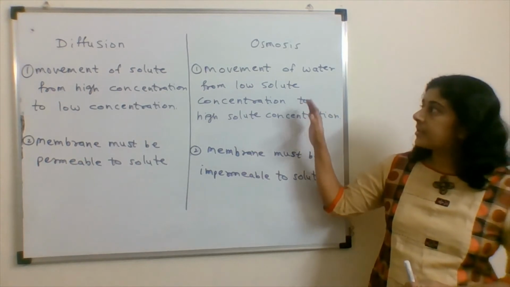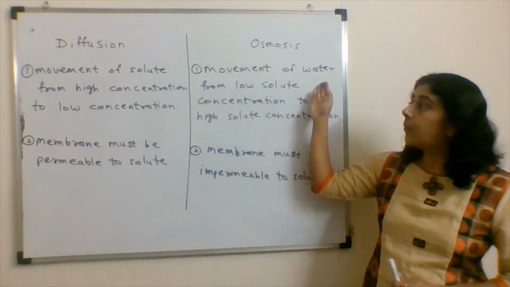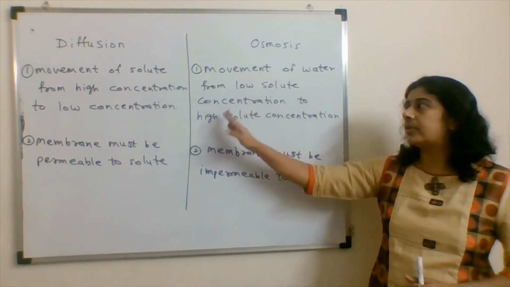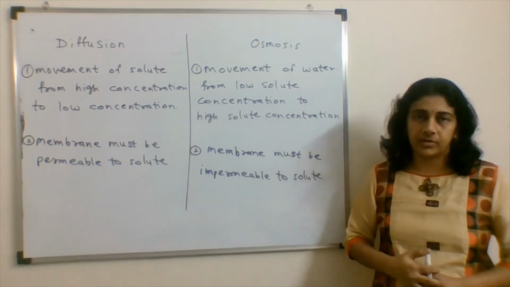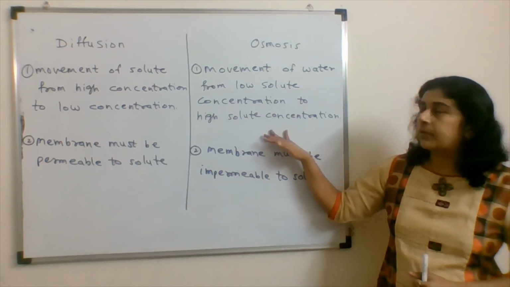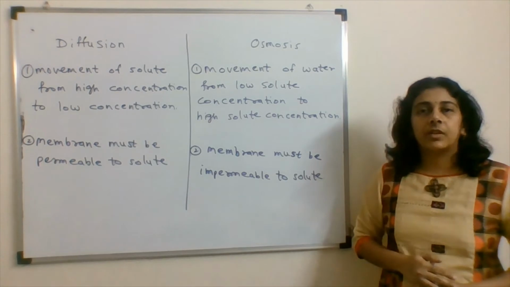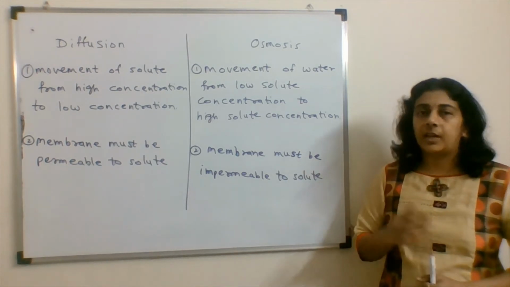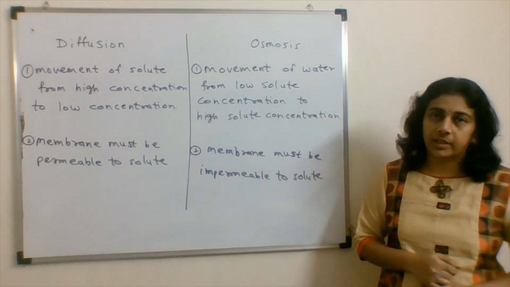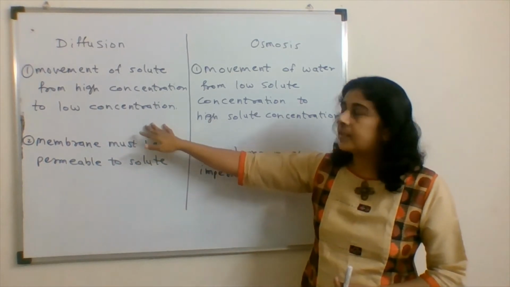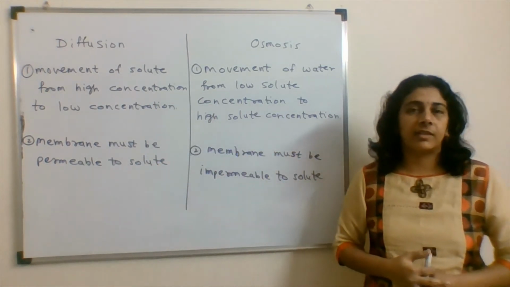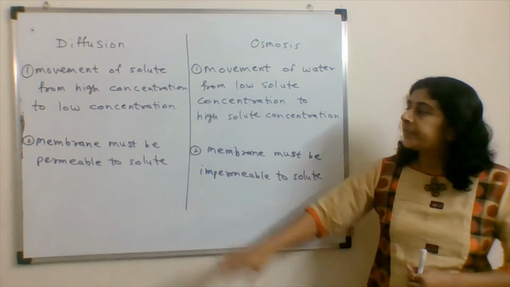In case of osmosis, there is a movement of water from low solute concentration to high solute concentration. So in osmosis, we focus on solute concentration and the movement is of water, whereas in diffusion there is a movement of solute along the gradient.